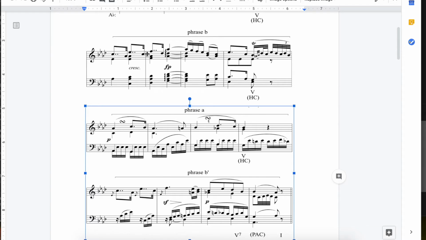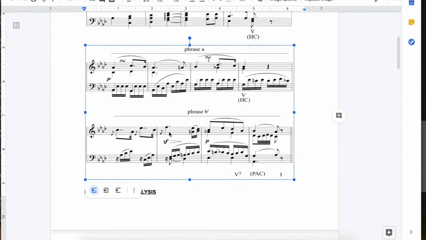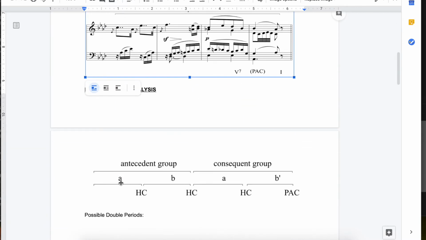If we were to do an analysis of this, what I'm going to ask you to do in your homework this week is this: the first two phrases form an antecedent group, and the second two phrases form a consequent group. The most important thing about thinking about the double period is the cadences: half cadence, half cadence, half cadence, perfect authentic. But you really need to be thinking about the half cadence of the second phrase and the last phrase.